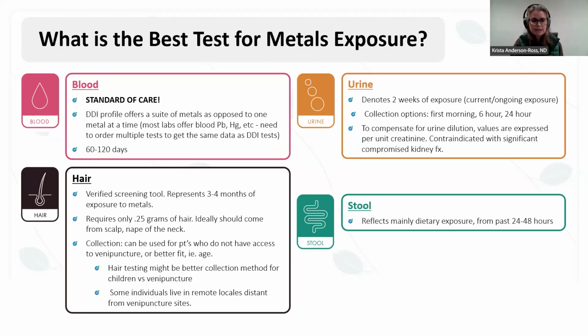So it tells you what's passing through the gut or what's being excreted through bile. And hair shows long-term exposure up to 90 to 120 days. It's convenient, it's non-invasive, and it's helpful for seeing longer-term exposure trends, though it does not reflect the body burden or retention.